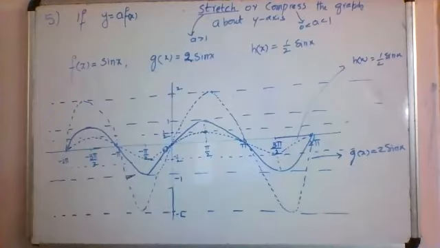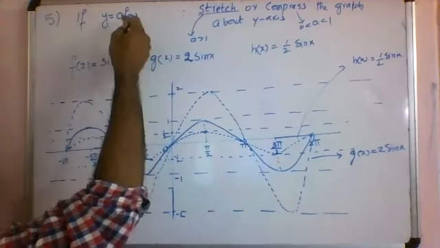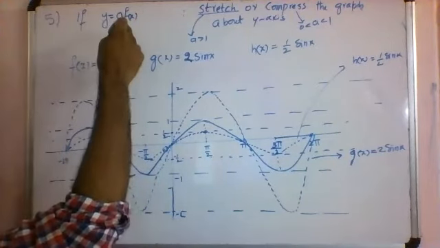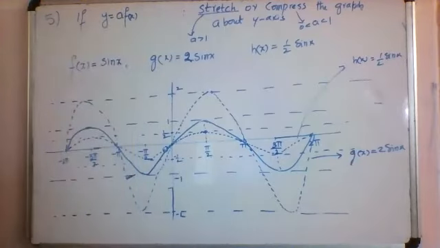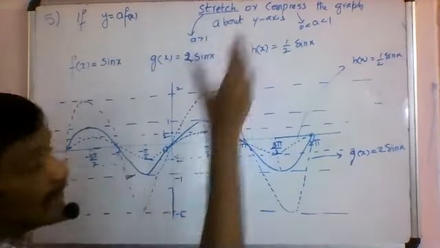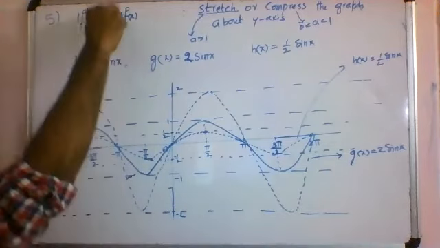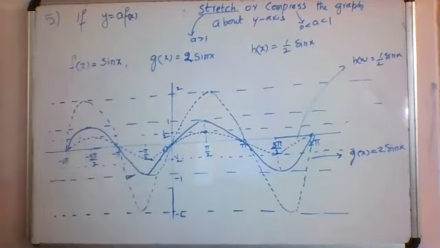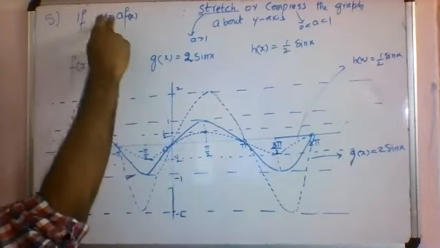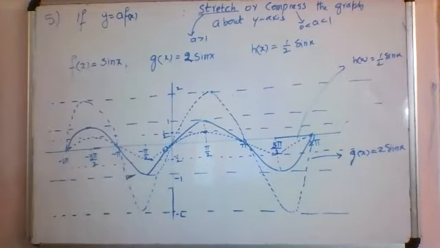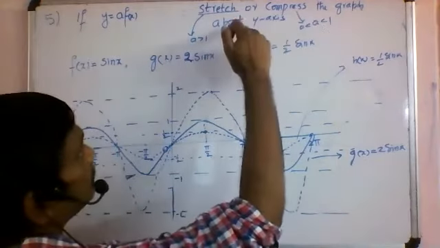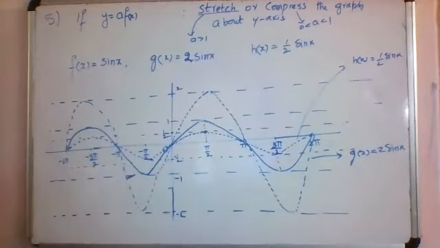Take this also. The next one: if A is completely multiplied with f, then we are getting it about the y-axis always. But when this A occupies a place inside the function, before x, like f of Ax, then what must be the answer? Same thing, but about the x-axis should come. In all the previous cases, we observed that only.